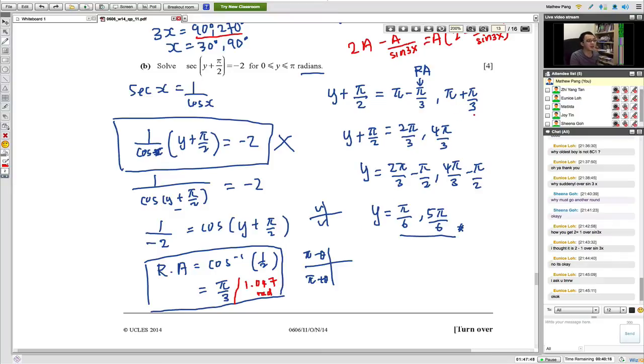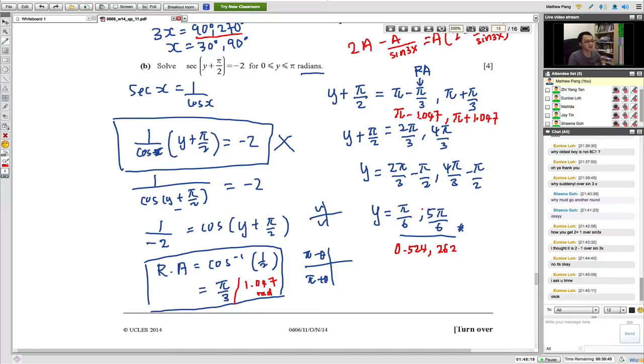If you use this one here, you will do something like pi minus 1.047, and then comma, pi plus 1.047. Then you solve until the end and you will get the same answer as mine. This one will be 0.524, and this one will be 2.62. So you do not necessarily have to get the answer in fractions. You can get your answer in decimals also.